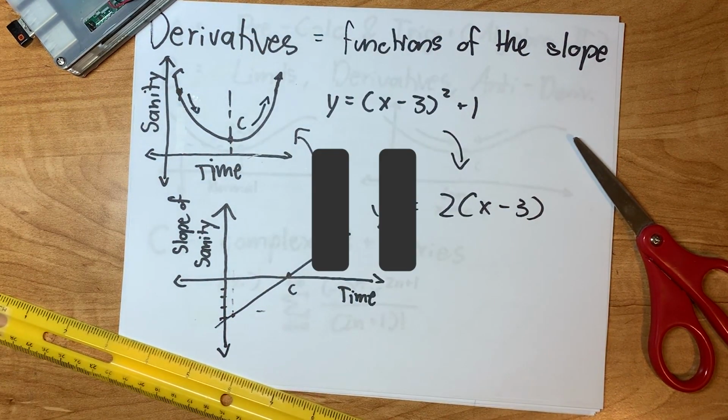Present Henry here. I know that past Henry defined derivatives as functions of the slope, but in reality, they're more functions of the rate. Rate is essentially a value over time, just like how slope is y over x. In algebra, we always had x as the horizontal axis and y as the vertical axis. But in calculus, most of the time, the horizontal axis will become time, and the vertical axis will become a value axis.